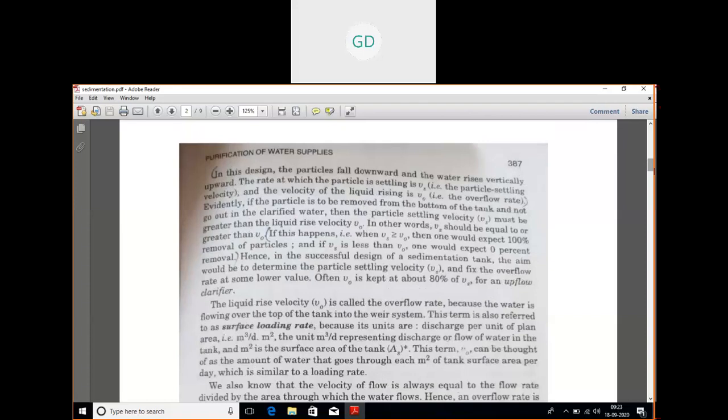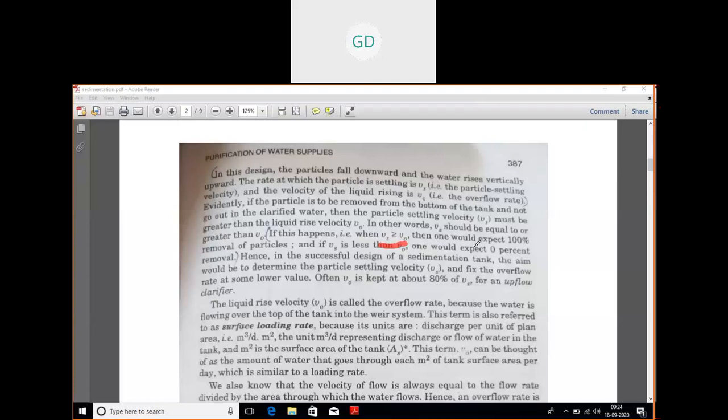The condition was your Vs should be greater than or equal to your overflow velocity. If this condition arises, then you can expect 100% removal of particles from the settling tank. But if it is vice versa, if Vs is less than your overflow velocity, then you cannot expect any removal of particles from the settling tank.